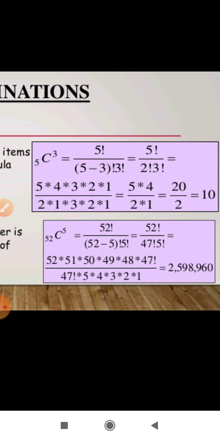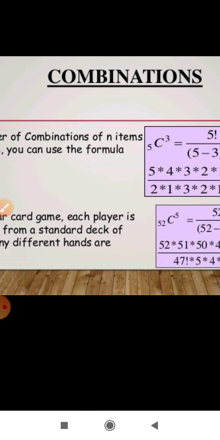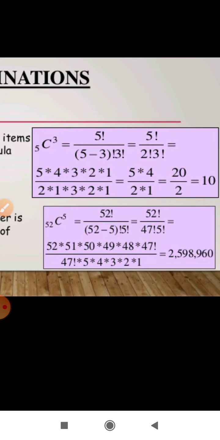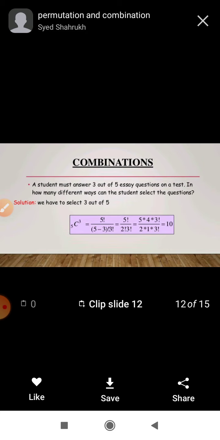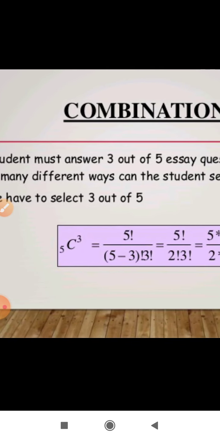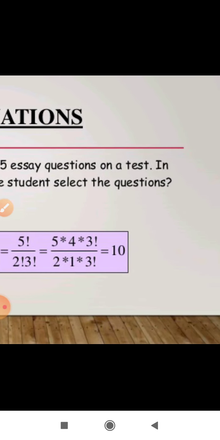So in the case of combination, the formula will be nCr is equal to factorial n upon factorial n minus r into factorial r. In this case, you have to put the values of n and r in this formula and get the solution of the particular problem.